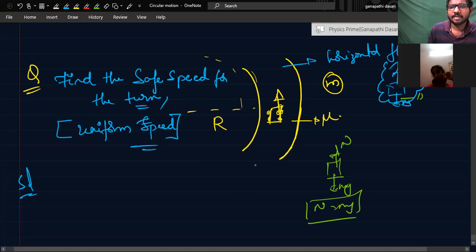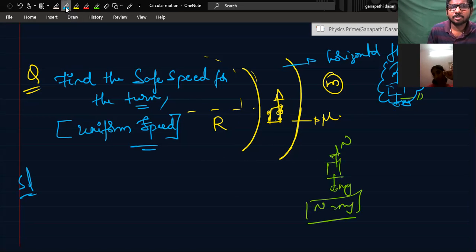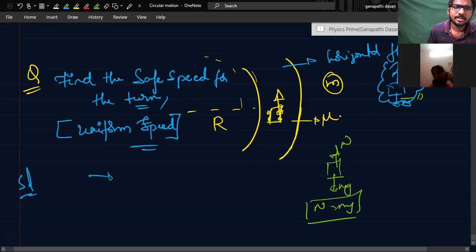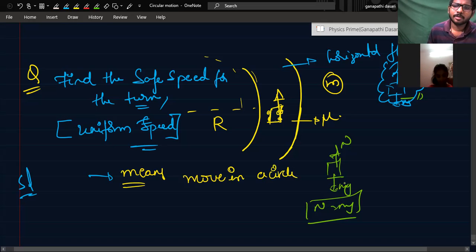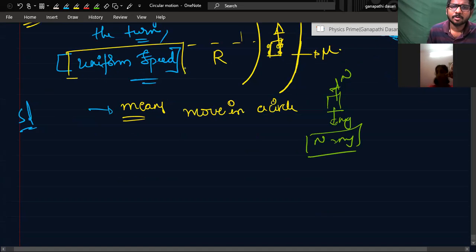The other point, carefully see: here it has to take a turn, means it should move in a circle. For a circle with uniform speed, as given here, you don't need any other tangential force.